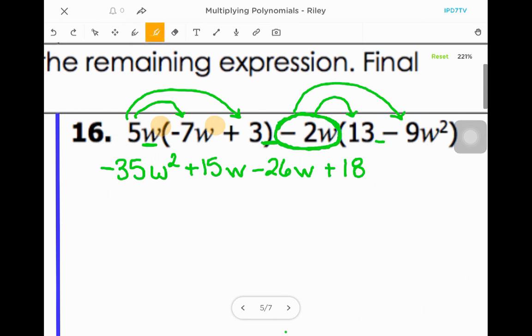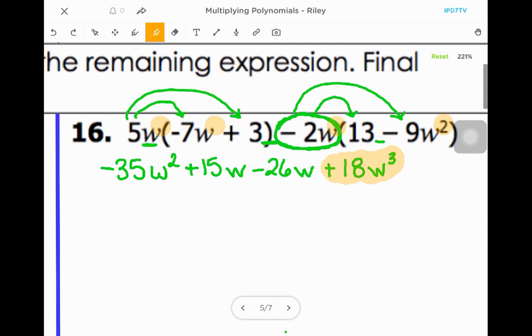Okay? And 1w plus 2 more w's make 3. So that's a cube. Okay, we can now combine like terms, starting with our highest exponent. So w cubed.